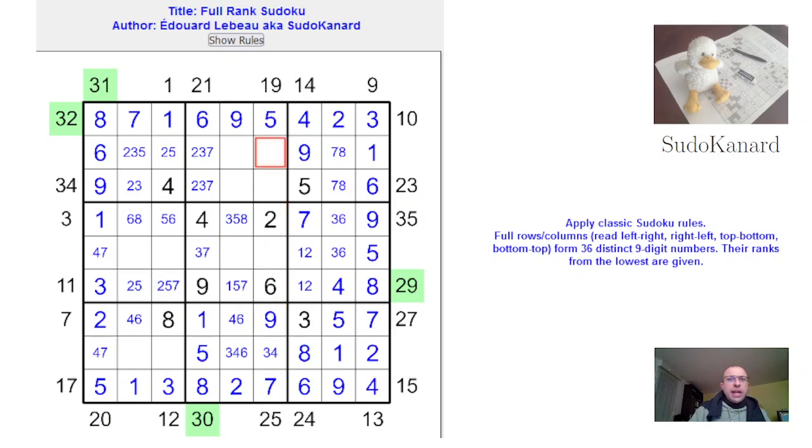1, 3, 4, 8. Well, that's not so useful to pencil mark all of those. So we're not totally done with the numbers starting with 4. Still this 496 or 49 something to put, or 497 perhaps, to put somewhere in here.